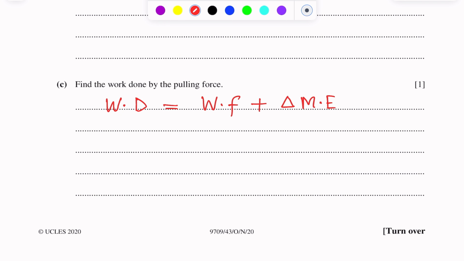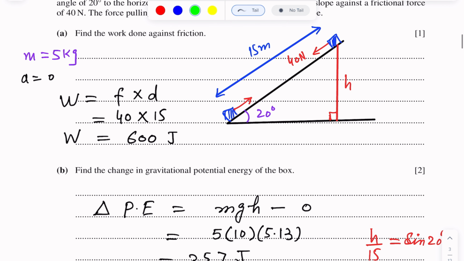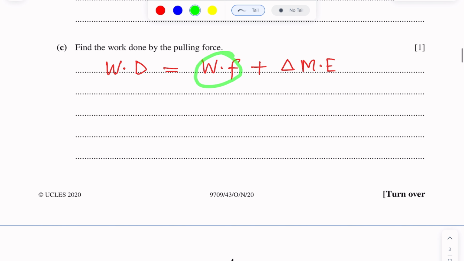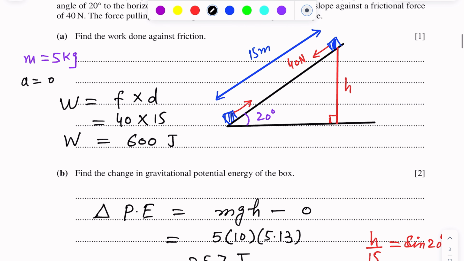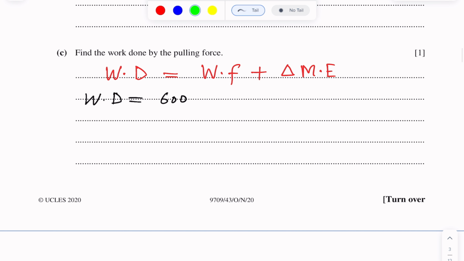So we have to find the work done by the pulling force. We have to find WD. Work done against friction is given. We have already found 600, but we will find the change in mechanical energy. Putting the values, WD, the work done by pulling force, is work against friction, 600, which we have already found in part A, plus change in mechanical energy.